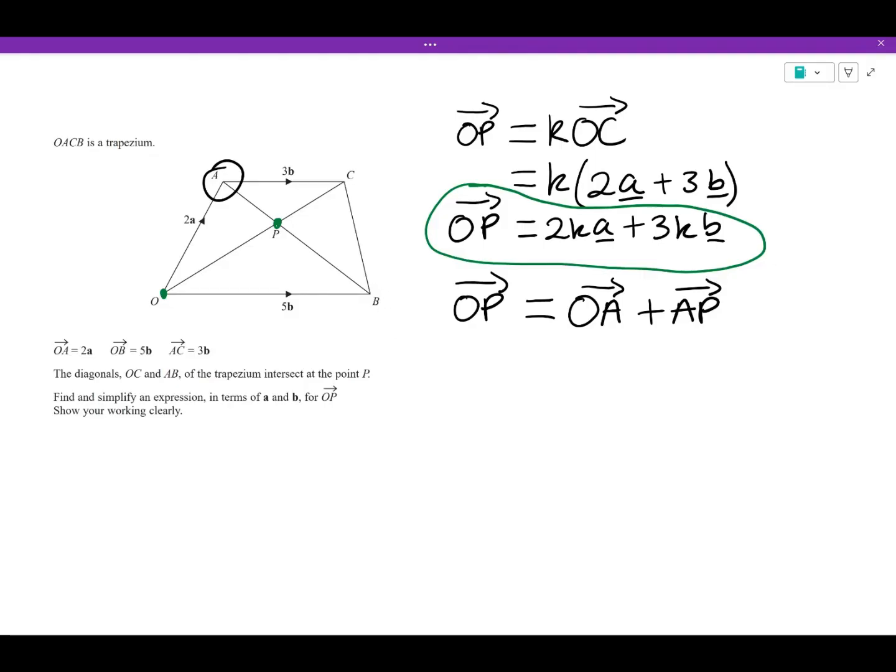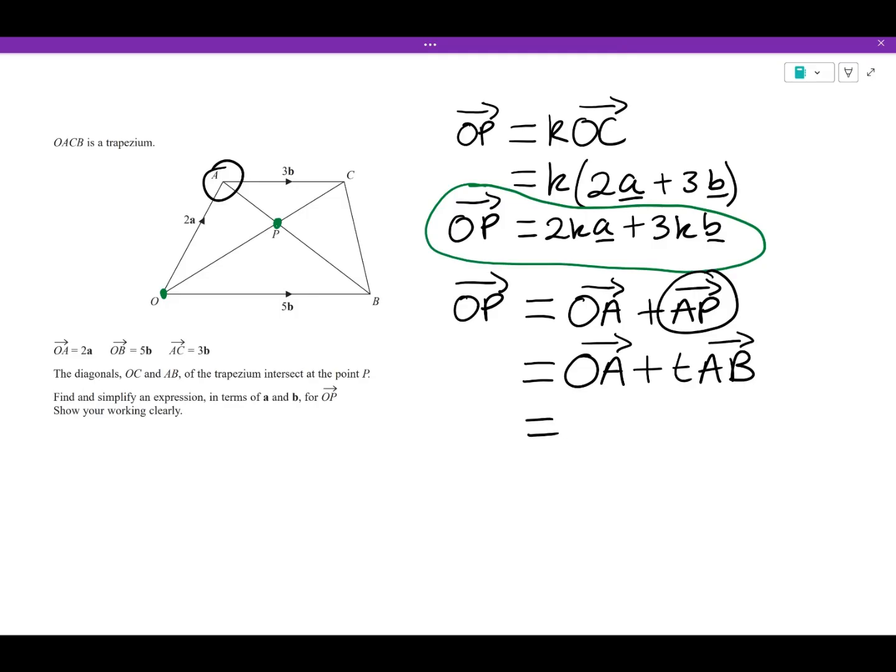So I'm saying that A to P, what I'm trying to find, is parallel to A to B. Therefore, what I can say is that they are scalar multiples of each other. So A to P is equal to some scalar multiple that I am going to call T multiplied by A to B, the parallel vector.